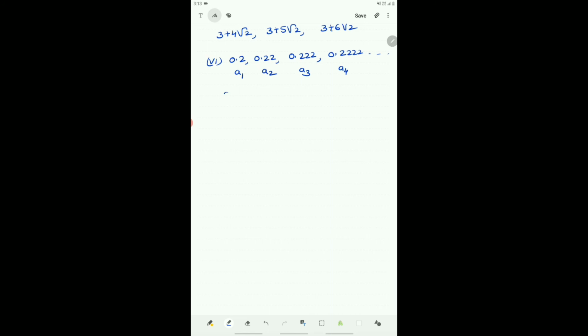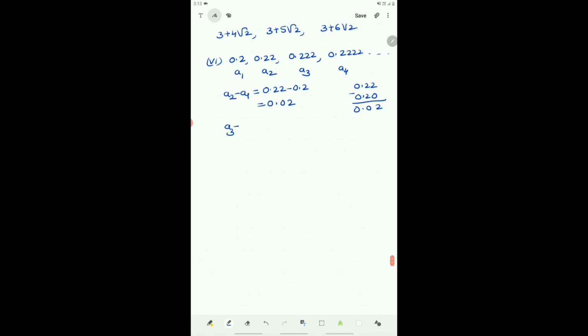Again you find A2 minus A1. A2 is 0.22 minus 0.2, so you can write 0.22 minus 0.20, and that is equals to 0.02.